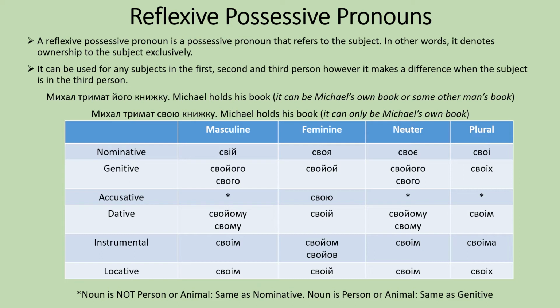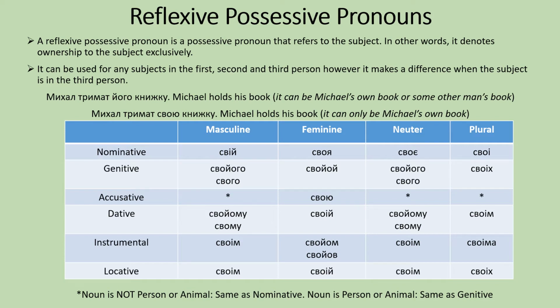Now we'll go over the reflexive possessive pronouns for each grammatical case. In the nominative case, for the masculine, it is swy. For feminine, it is swoja. For neuter, swoje.